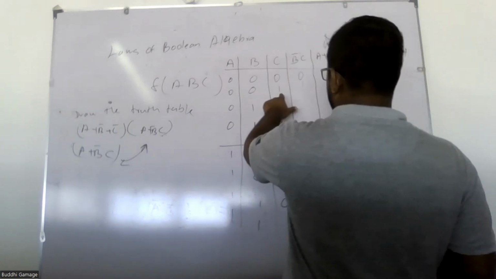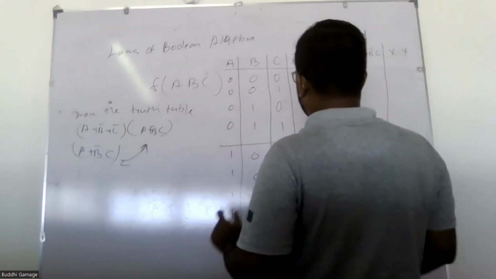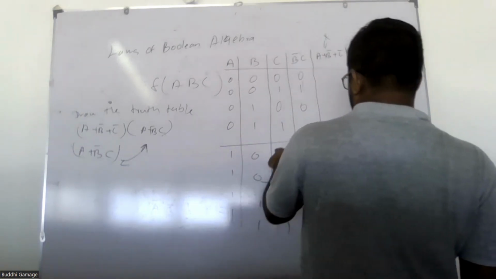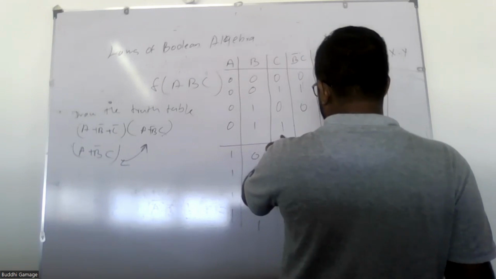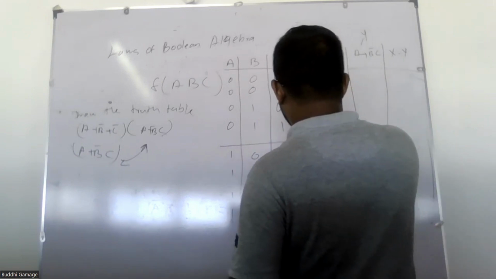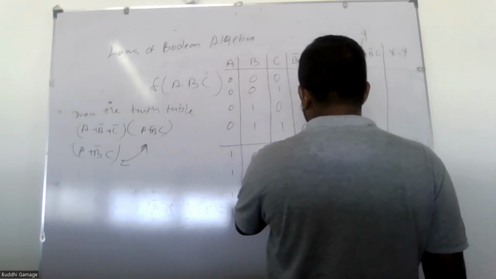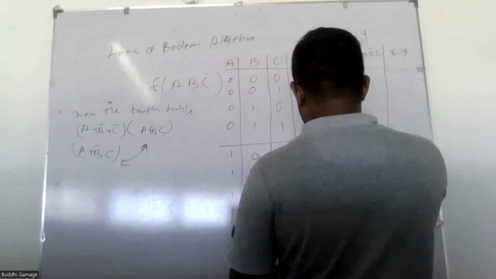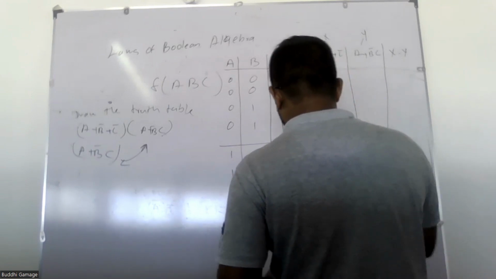So B bar C, this will be 1. B bar, see, this is 0. C, B bar, 0 is 0. Here also 0. This is 1. This is 0.